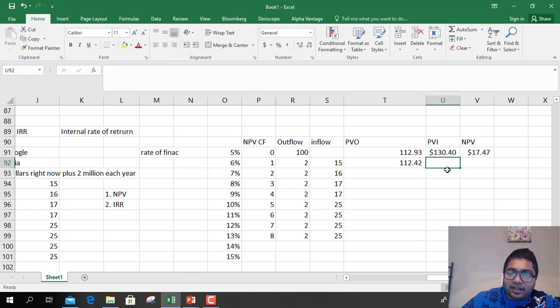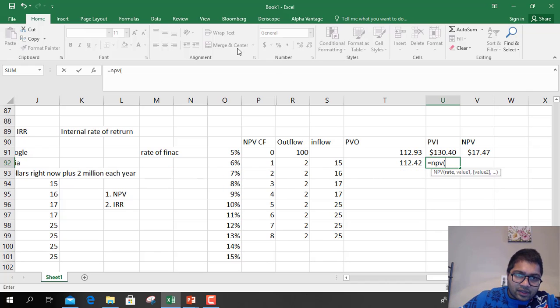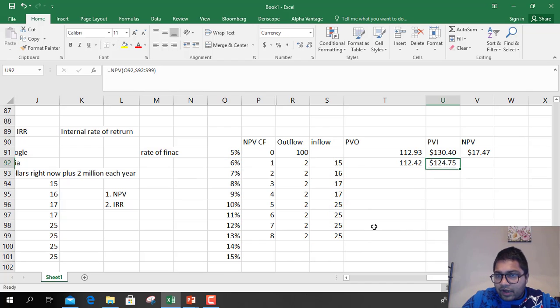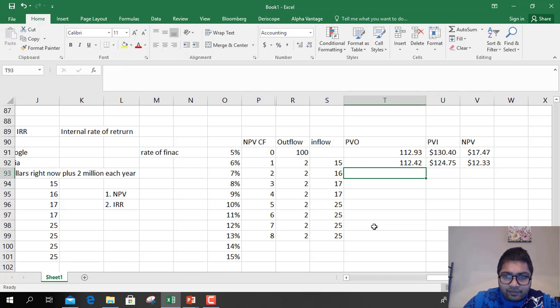Okay, so 112.42. PV will be NPV, rate 6%, values 15 to 25, 124. So NPV will be 124, inflow minus outflow 12.